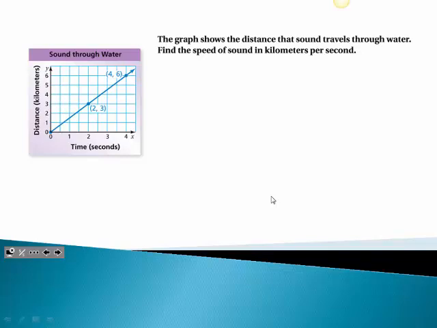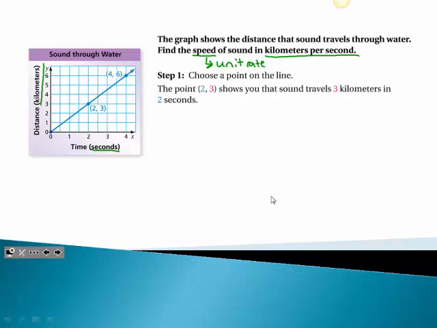So the graph shows the distance that sound travels through water. So we're talking about seconds and kilometers. We want to find kilometers per second. So we're talking about speed, so you should automatically think unit rate. We want a 1 on the bottom. Okay? So we're going to choose a point on the line.